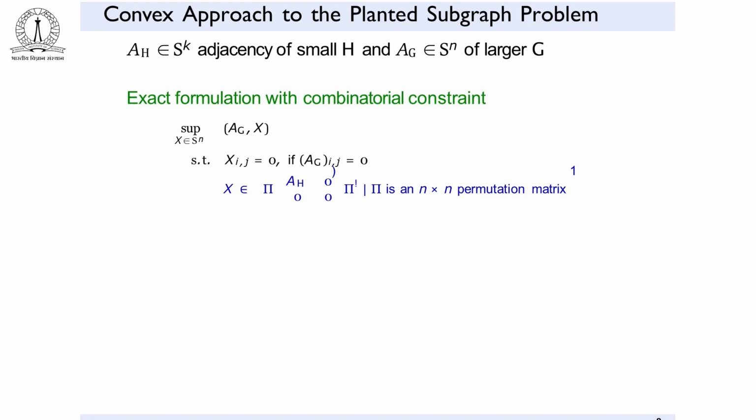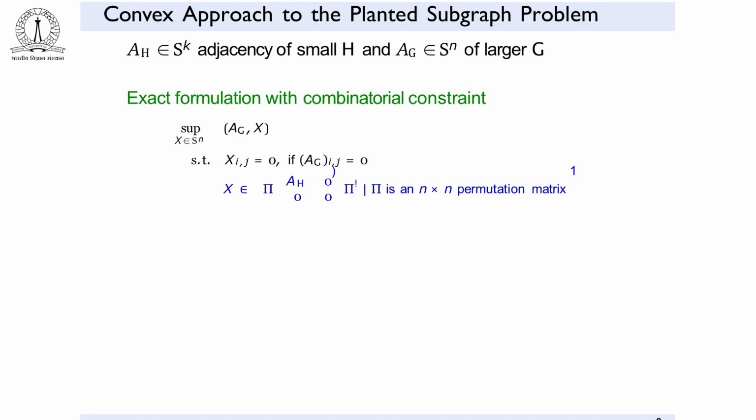So S^k is the space of k by k symmetric matrices. It's the adjacency matrix of this graph. This is not unique. There are lots of adjacency matrices that could represent the same graph, right? That's one of the sources of complexity that we're going to have to deal with. But let's pick one. I've picked this one.